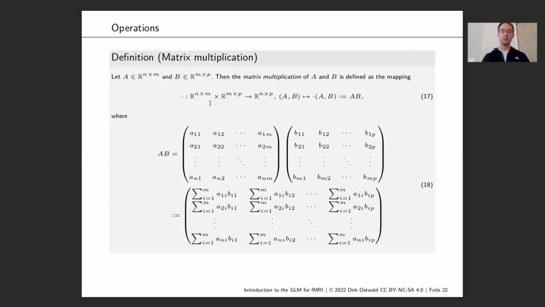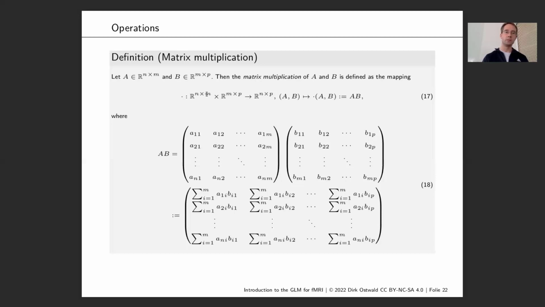So we look at the operation. The first thing to note is that you can only multiply 2 matrices if the first matrix, here R, has as many columns as the second matrix has rows. Yeah? So these inner dimensions, they always must be the same.